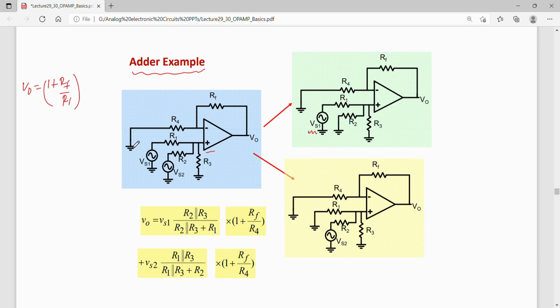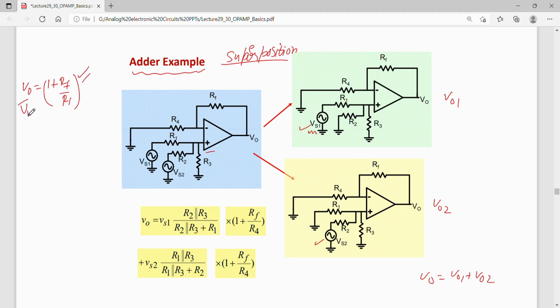The same relation I will use, but I will now apply superposition also, that is I will calculate the outputs with the presence of single inputs at a time, when Vs1 and Vs2 are present one at a time. So I get outputs, let us say V01 and V02. The final output will be equal to V01 plus V02. For finding V01, in this case it is having just one input, so I can use this relation, V0 by Vin is 1 plus RF by R1.